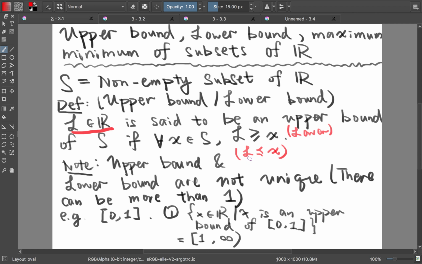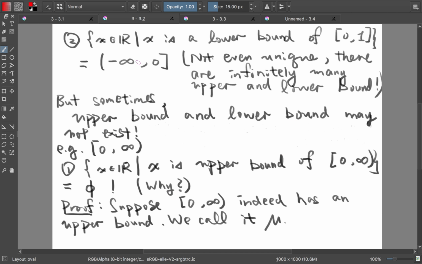If we are given the closed and bounded interval [0, 1], the set of upper bounds of [0, 1] is the closed interval [1, infinity). On the other hand, the set of lower bounds of [0, 1] should be from negative infinity to 0 included.